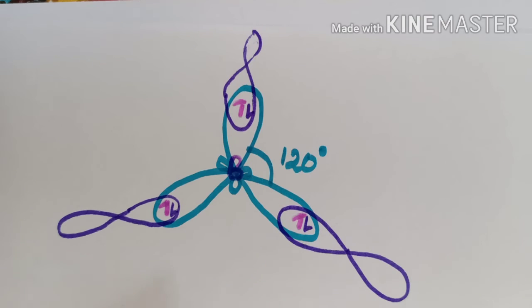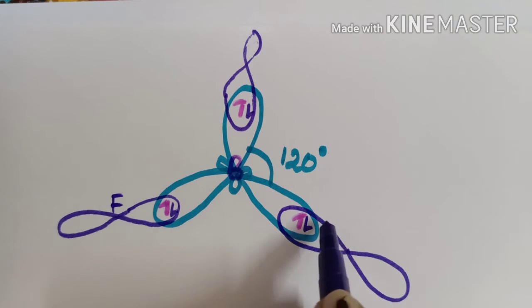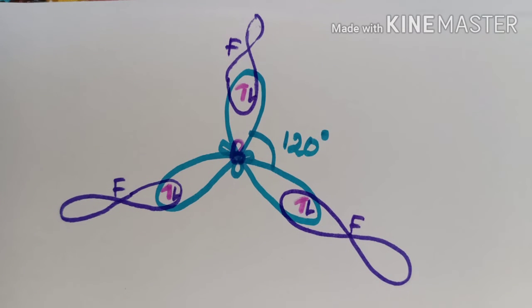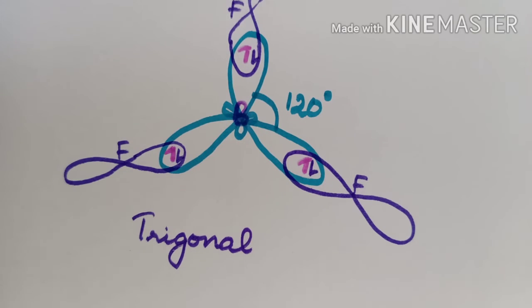So this is the structure of boron trifluoride. According to the prediction, they have given the geometry as trigonal planar, and here after hybridization too, we get it as trigonal planar. So the hybridization involved is sp2.